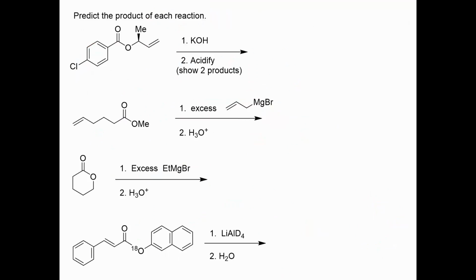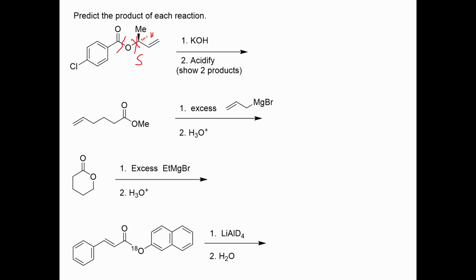Okay, let's look at a few practical applications here. Let's predict the product of this reaction. The first one, we're going to show two products, and this is an optically active ester. It's the S enantiomer. And the important thing to note is that this is the CO bond that we cleave.